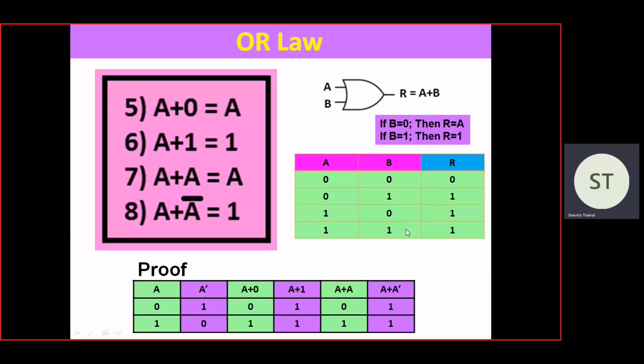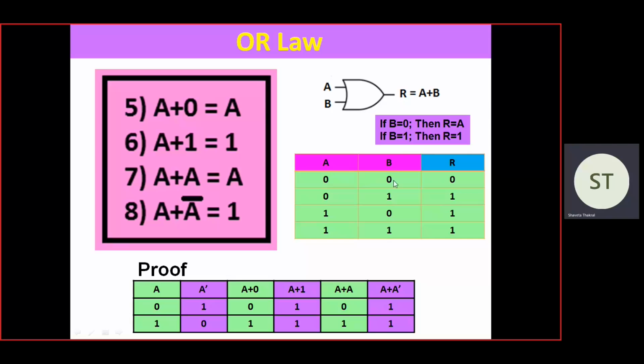So what is the conclusion here? If any of the inputs is 1, like here B is 1, the output is 1. If A is 1, then also the output is 1. And if both A and B are 1, then also the output is 1. So from this truth table, we can see that if we put B as a constant, the constant value can be either 0 or 1.